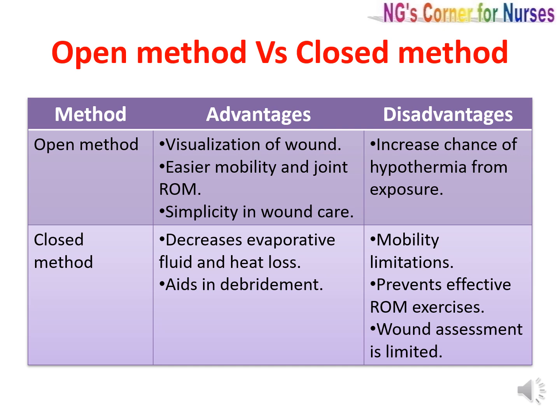Next, the advantages of the closed method: it decreases evaporative fluid and heat loss, and aids in debridement. And the disadvantages are mobility limitations, it prevents effective range of motion exercises, and wound assessment is limited.